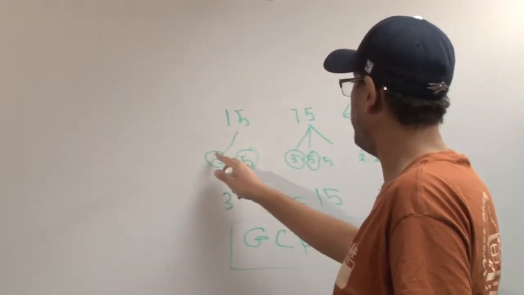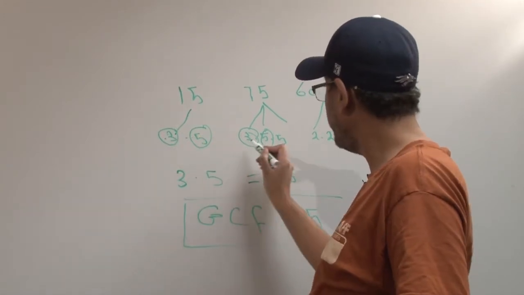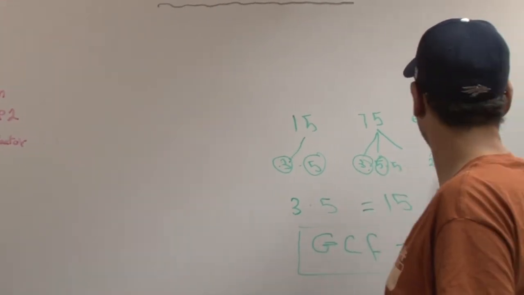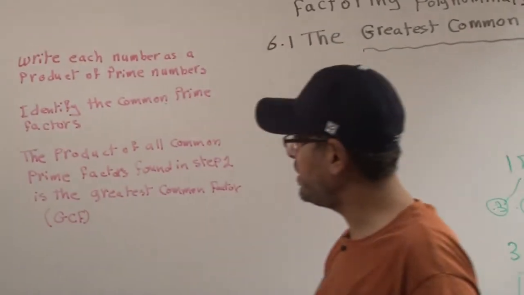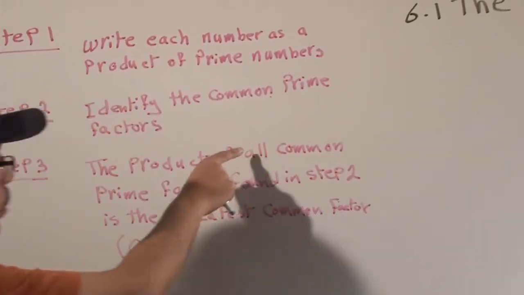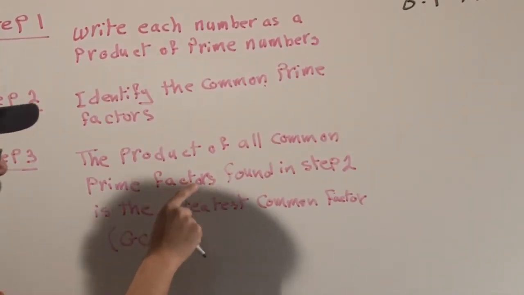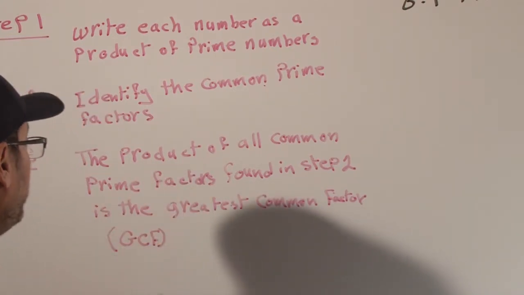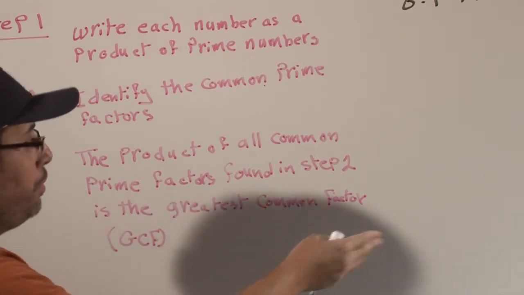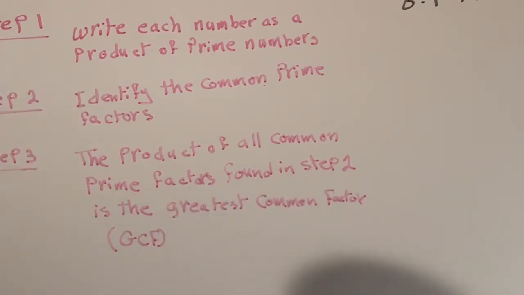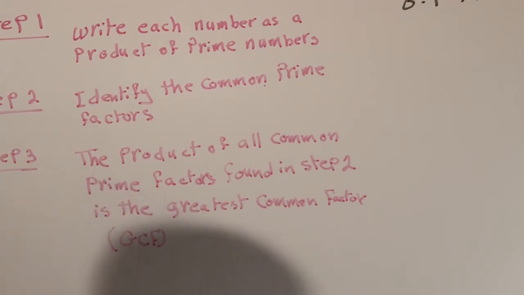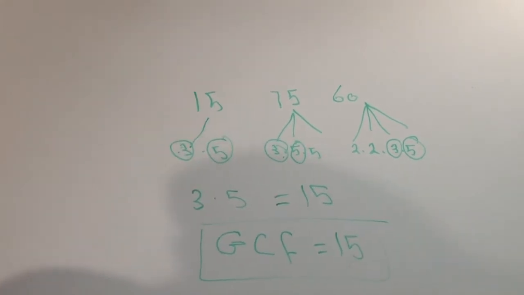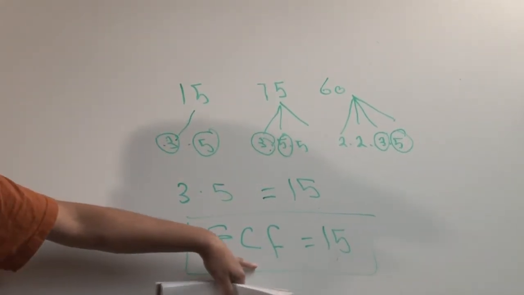First, 3, 3, and 3. Then 5, 5, and 5. The third step: the product of all the common prime factors found in step 2 is the greatest common factor, or GCF. So the product 3 times 5 equals 15, which is my GCF here.